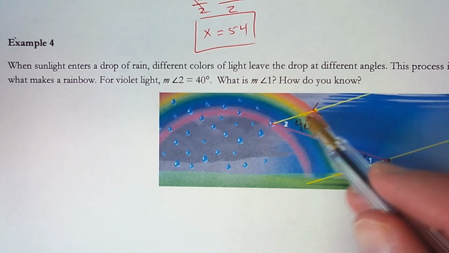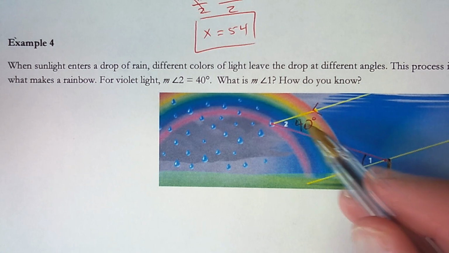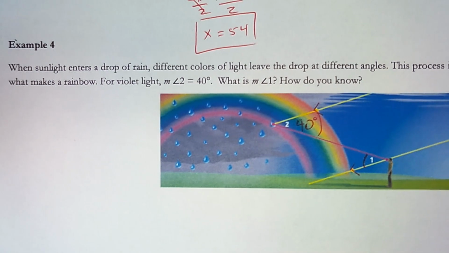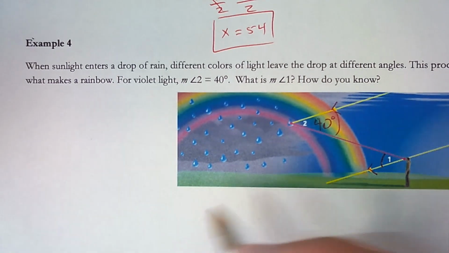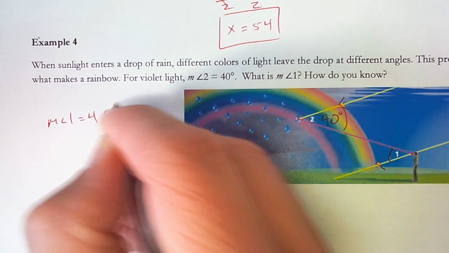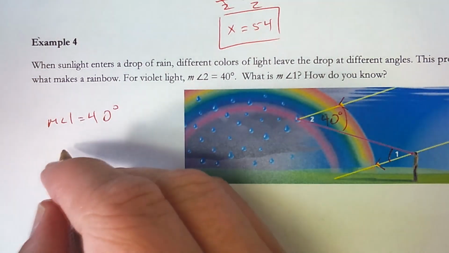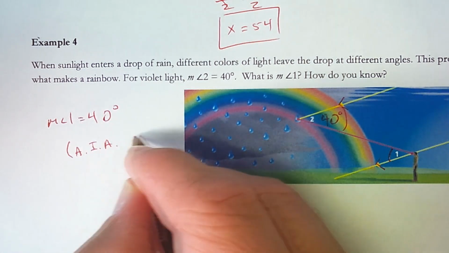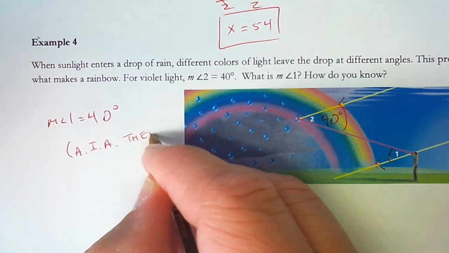Angle 1 and 2 are both between the parallel lines, but on opposite sides of this transversal. And alternate interior angles between parallel lines are congruent. So I know the measure of angle 1 is 40 degrees. How do I know that? Because of the alternate interior angles theorem.